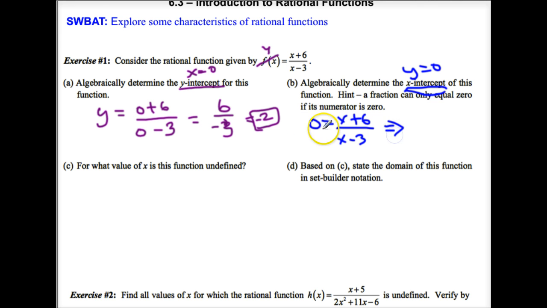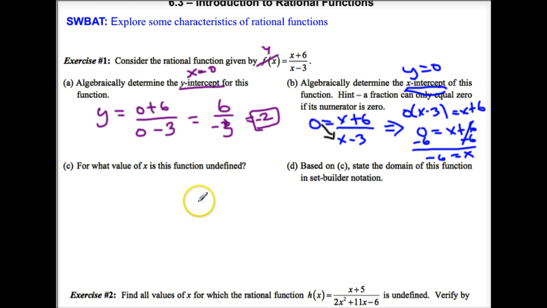If I was to cross multiply here, I would get 0 times x minus 3 is equal to x plus 6. 0 times anything, I know it's 0, so it's x plus 6. And how would I solve for x? So what would I do? Minus 6 on both sides. And then I have minus 6 is equal to x. So my x-intercept is at negative 6.